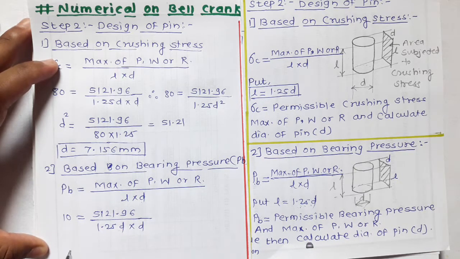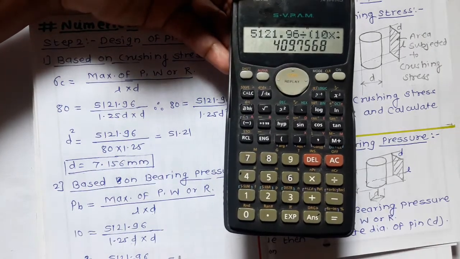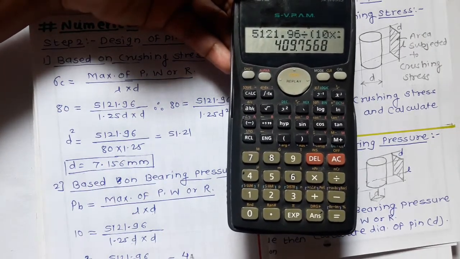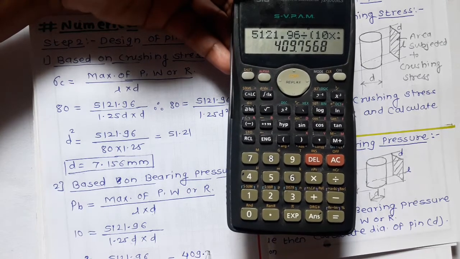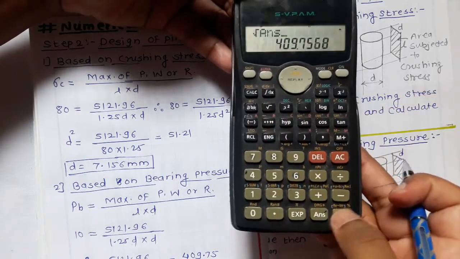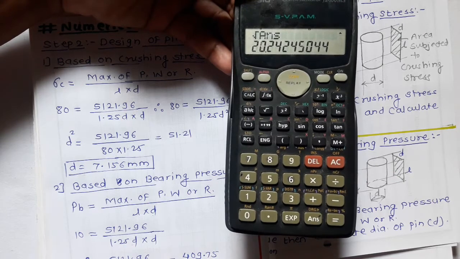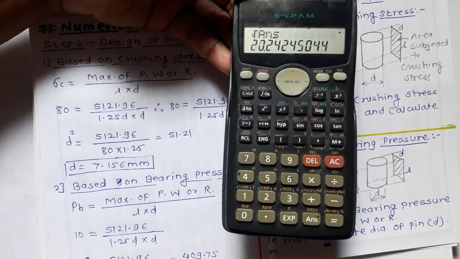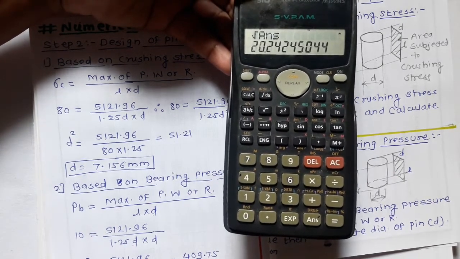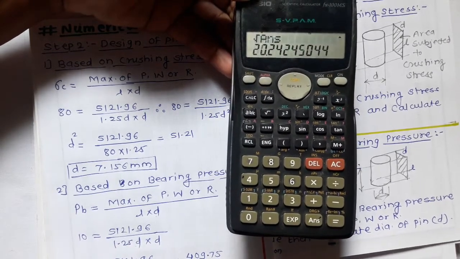So if you simplify this, you will get the value of D square as 409.75. If you take the square root of this, you will get the answer of D. So the value of D is 20.24 mm. So this is the diameter of pin based on bearing pressure.